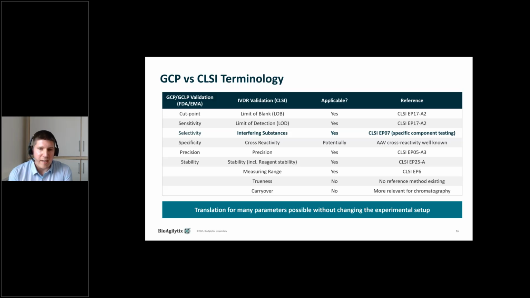And this is the way we were dealing with the scenario in this specific case study, inter-translating the terminology of both worlds without really changing too much on the experimental setup to fulfill the requirements of both guidelines and to facilitate it for the reviewers that are specialized on the respective guidelines, so that they find their terminologies back. Next slide, please.